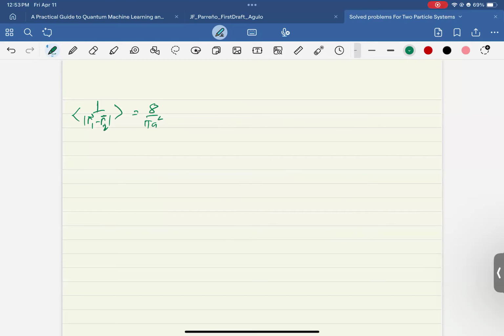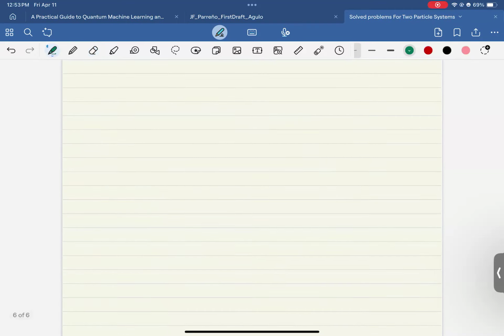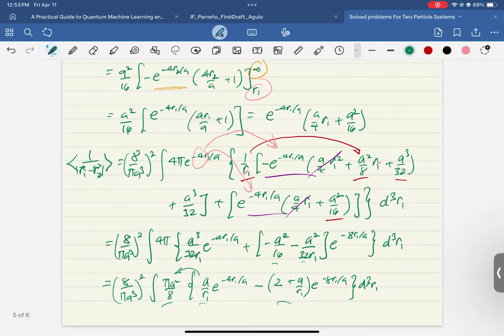Okay, after simplification, okay, multiply ako dito ng 4 pi. Okay. Saan galing yung 4 pi na yan? Okay. So, ito, nanggaling yan by multiplying just these two coefficients.